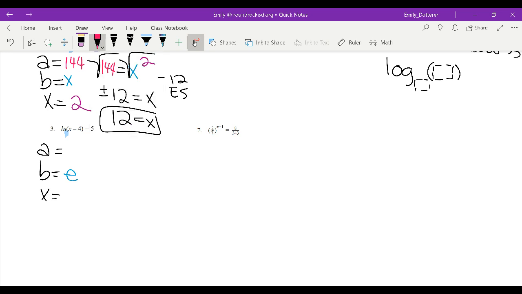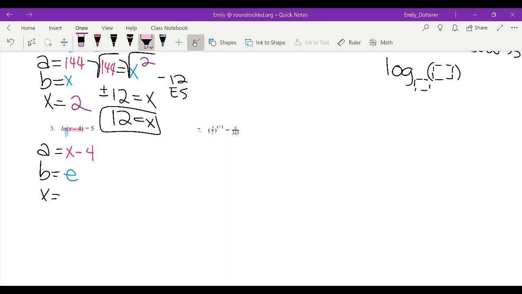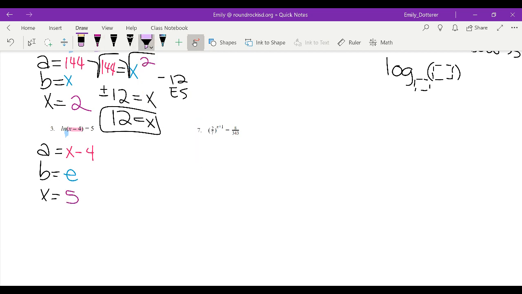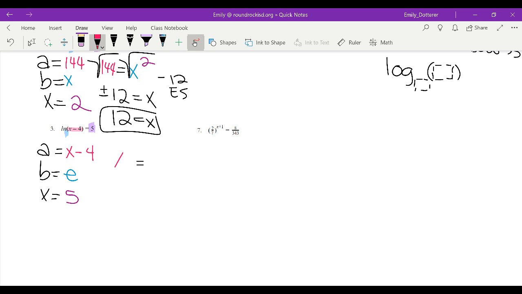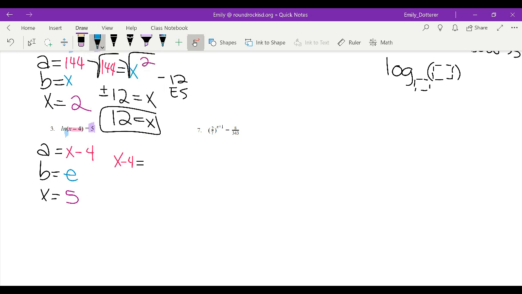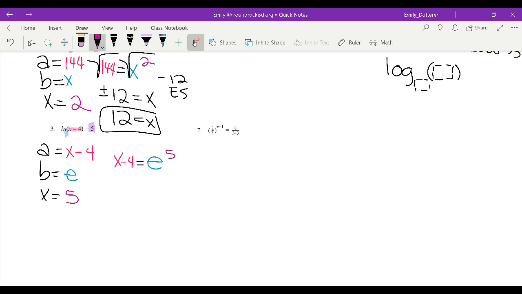A is inside of the parentheses, that's x minus 4, and then it all equals 5. We're converting that to an exponential, so a equals b to the x.